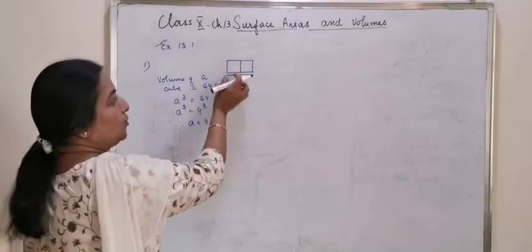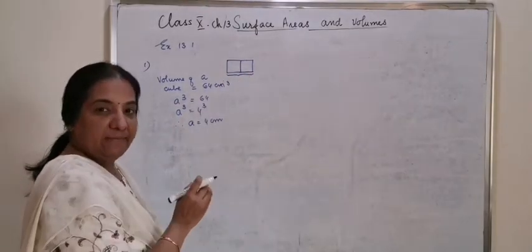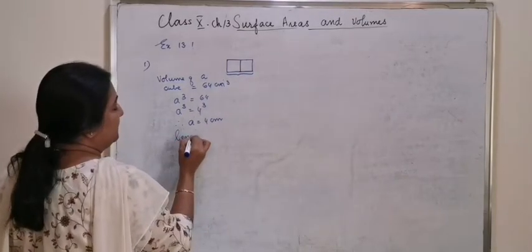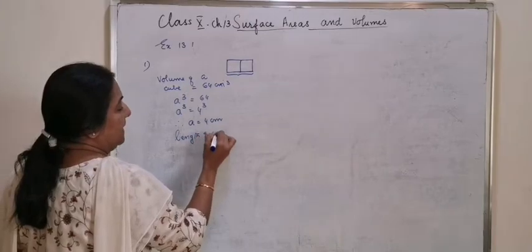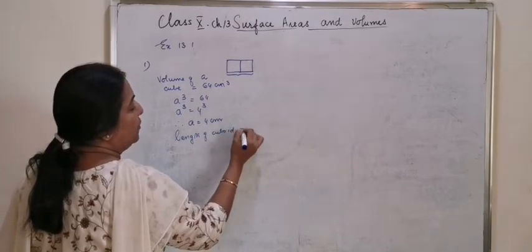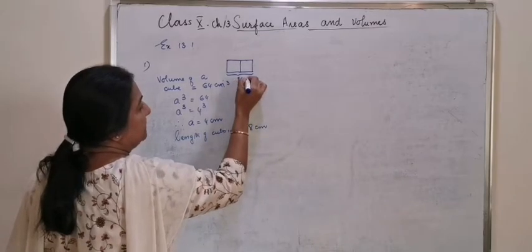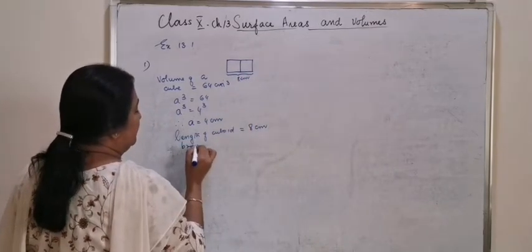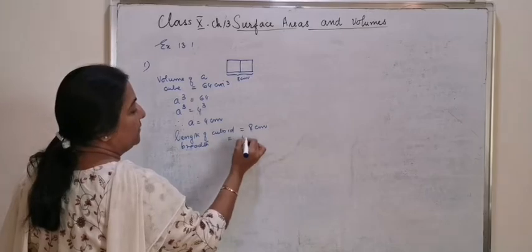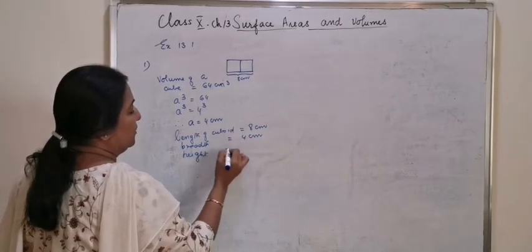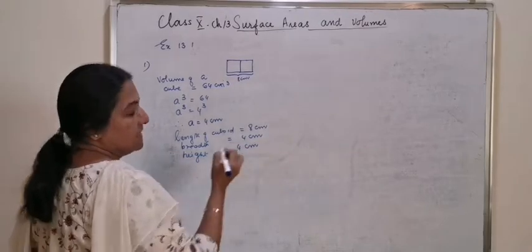So when two cubes are placed together, the length of the cuboid formed will be 4 plus 4, 8 centimeter. The breadth of the cuboid will be 4 centimeter and the height of the cuboid also will be 4 centimeter.